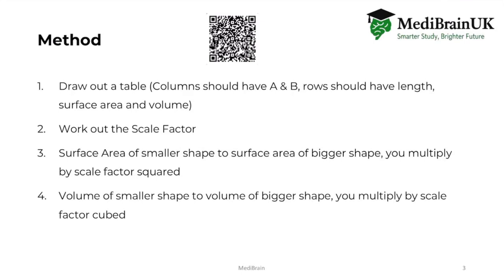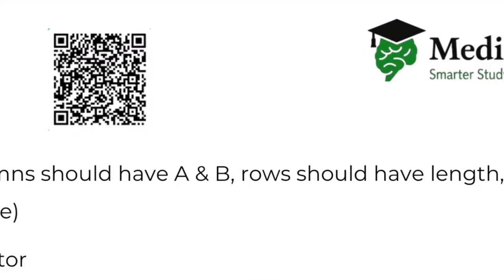So the first thing that you would do is draw out a table. The columns should be labeled with A and B, and the rows should be labeled with length, surface area, and volume. Okay, so if I was to just draw out a sketch of that table, it will look like this.